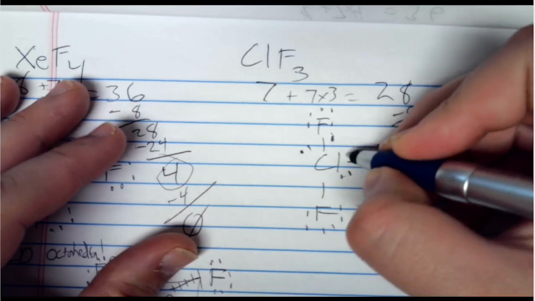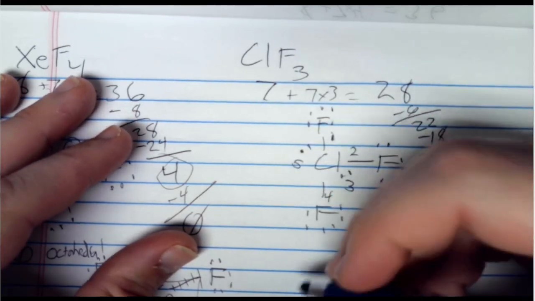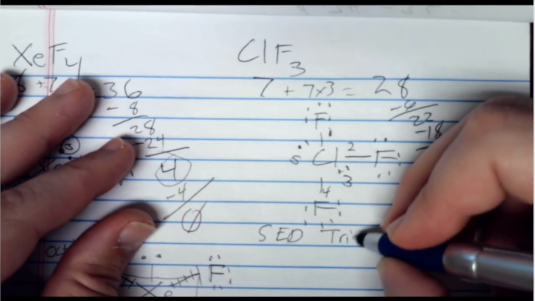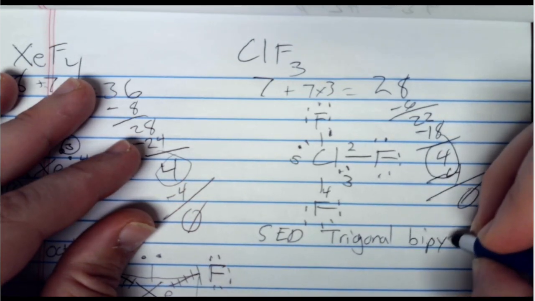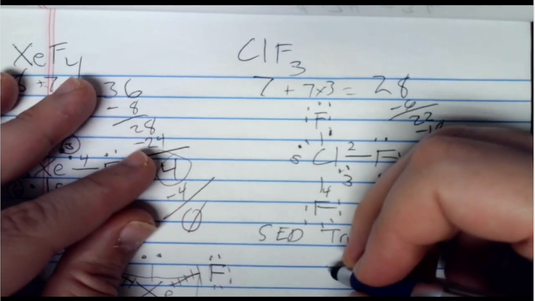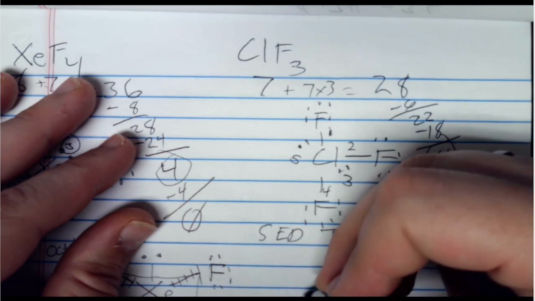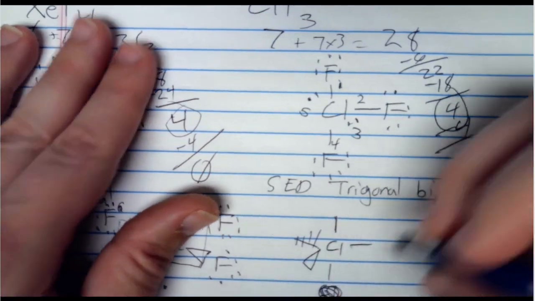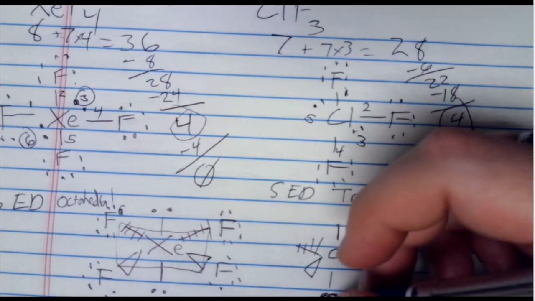Electron domains. 1, 2, 3, 4, 5. 5 electron domains means it's trigonal bipyramidal. So let's draw that structure. Chlorine, wedge, dash, line.